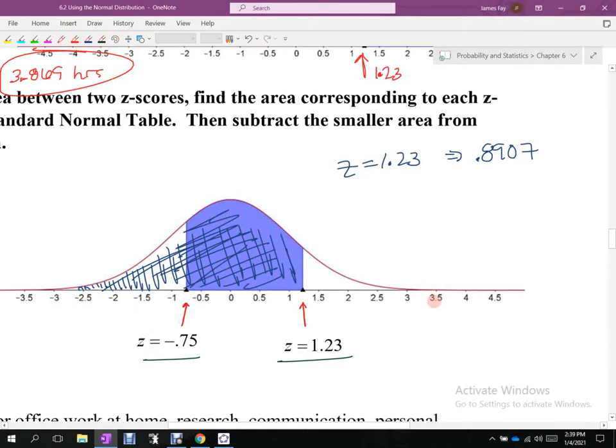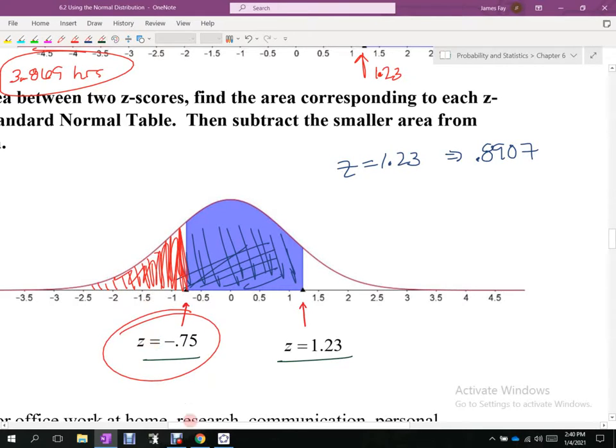But I don't want all of that area. I just want that blue area, right? So what did I just do with this image when I do that? Am I removing that area? Does that kind of make sense? Okay. So do you have the ability to find the area associated with that red shading?